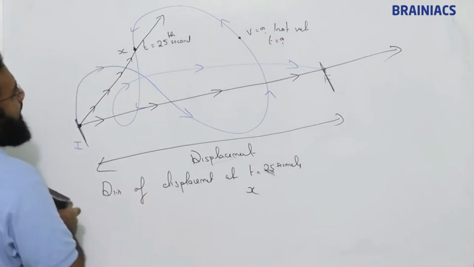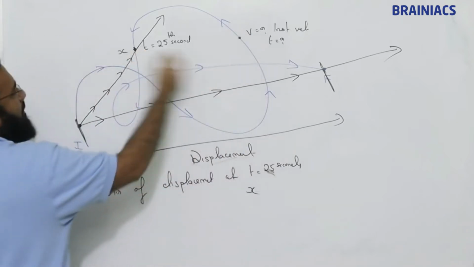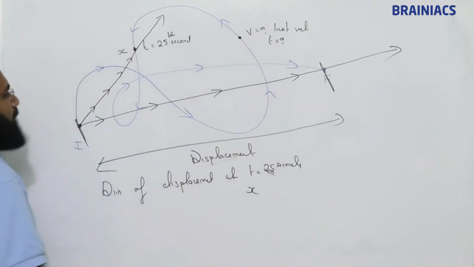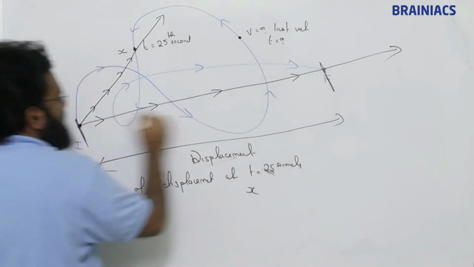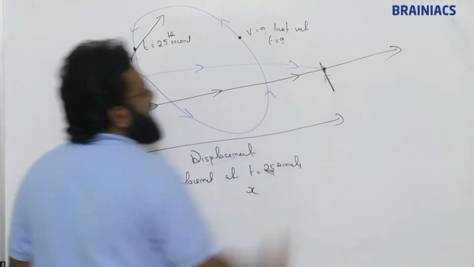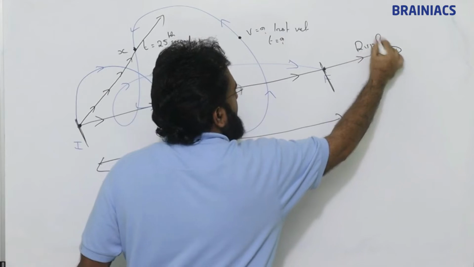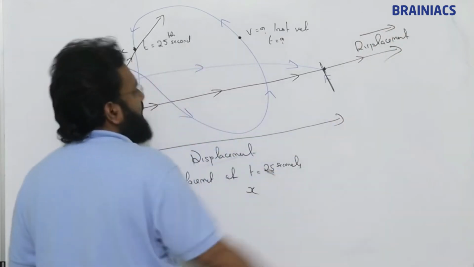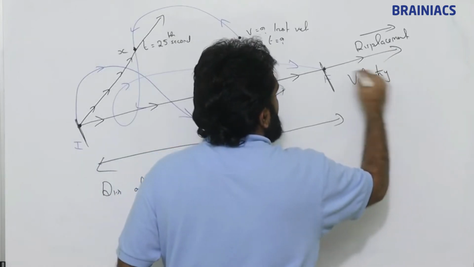Now let me ask you one more thing. What is the direction of velocity in this displacement? Between initial point and final point, what is the direction of velocity? This is the direction of displacement. That is the direction of velocity.